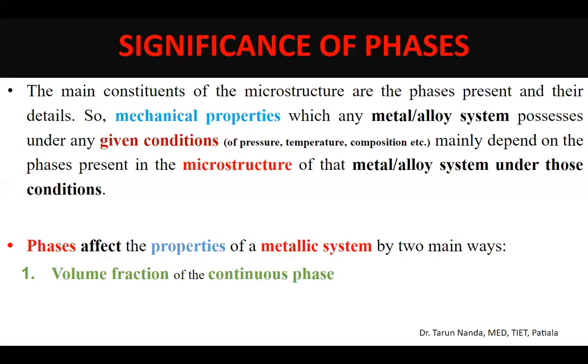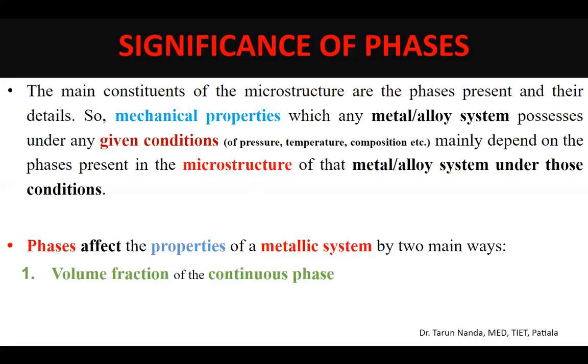you would find that, most generally, there is one phase which is dominating the microstructure, that is occupying most of the space, most of the area in the microstructure of the material. We talk about this area or space in terms of the volume fraction which the phase is occupying.